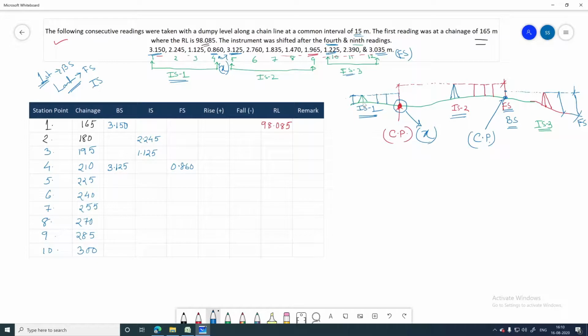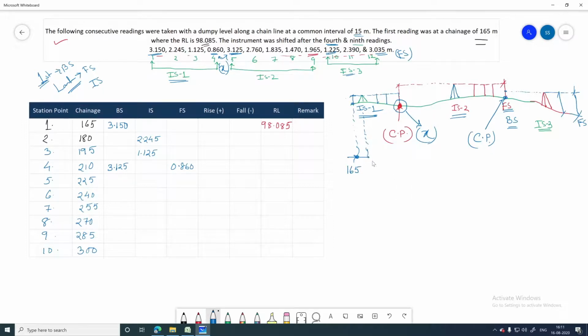What does chainage mean? When you start the leveling, this is the first point, and at the first point we have the chainage 165, that I have already shown you here.